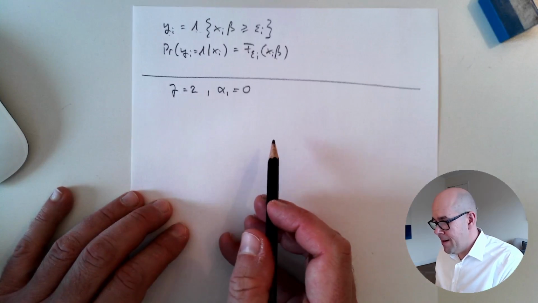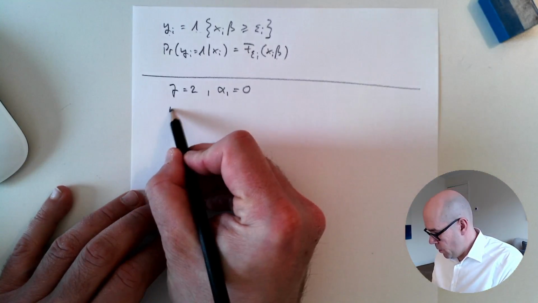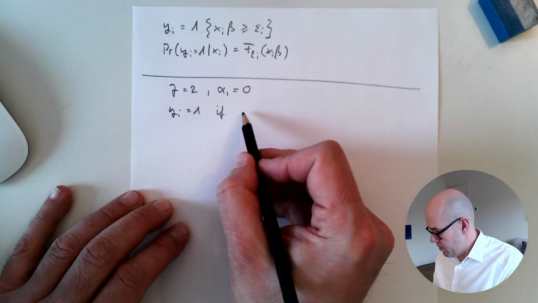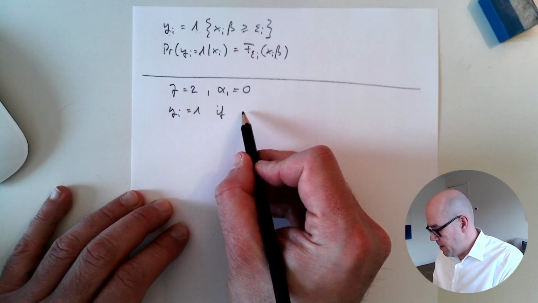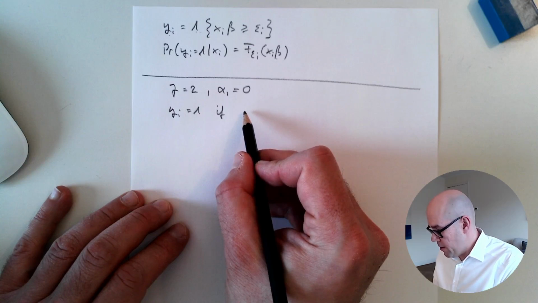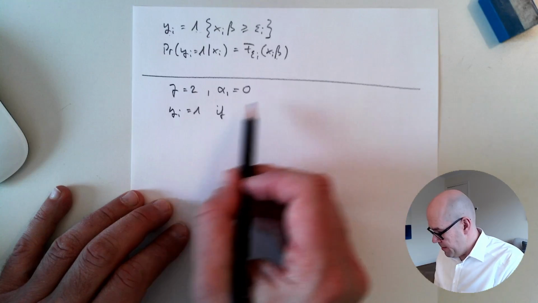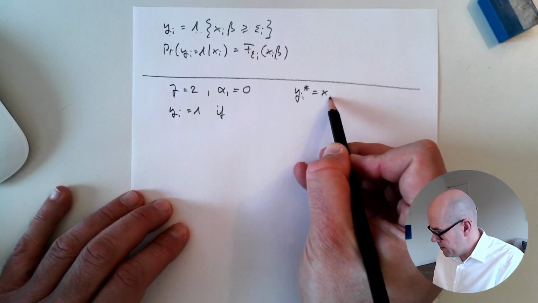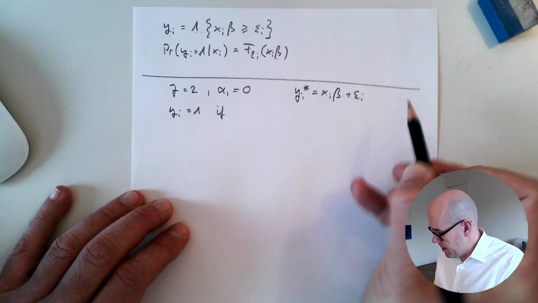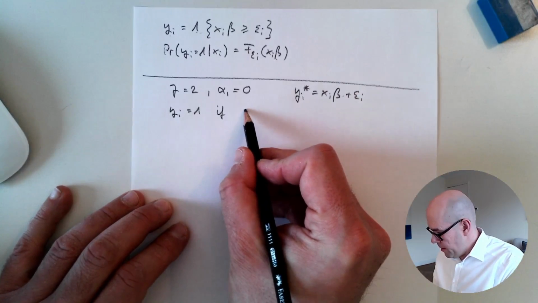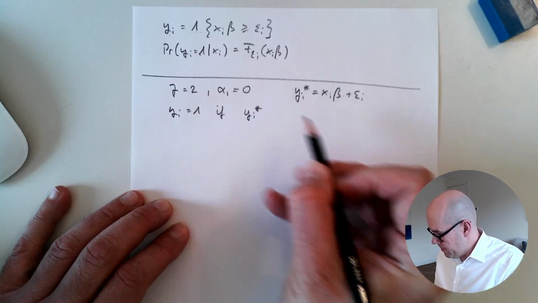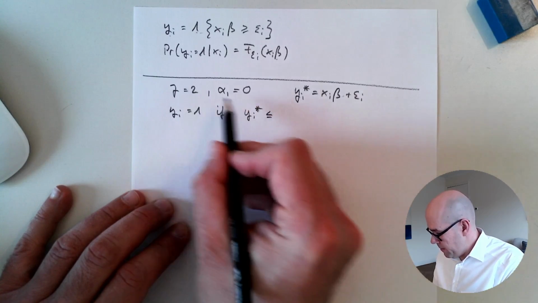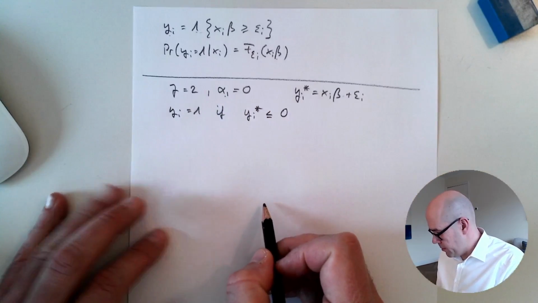So what I get then is that yi is going to be equal to 1 if yi star is less than or equal than alpha 1, and yi star was xi beta plus epsilon I. So I need here yi star less than or equal than alpha 1, and alpha 1 is equal to 0.